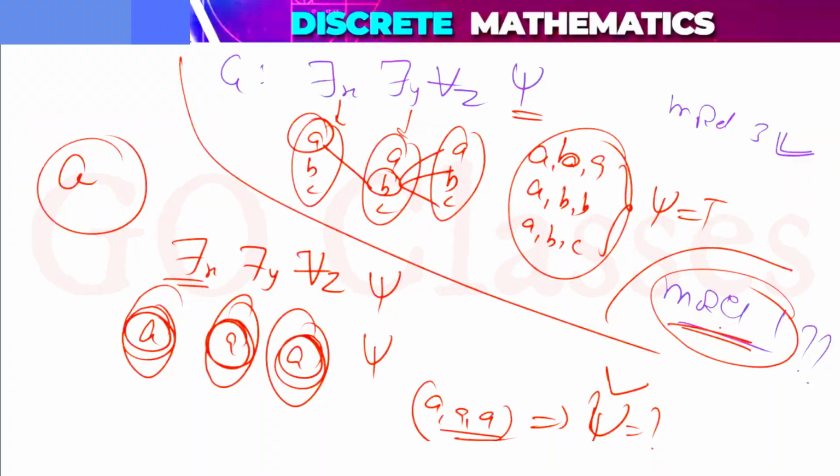Okay, if you want to understand it more clearly, let me give you one example. You can think like this actually: there exists x, there exists y for all z psi. For every question you can think like this. Let's assume this is a family.